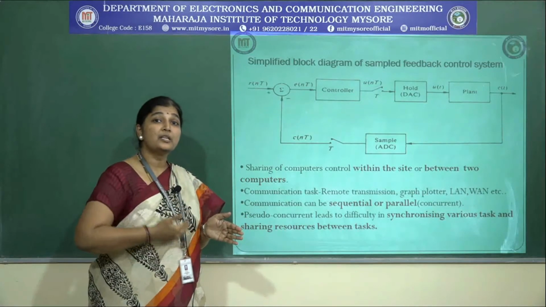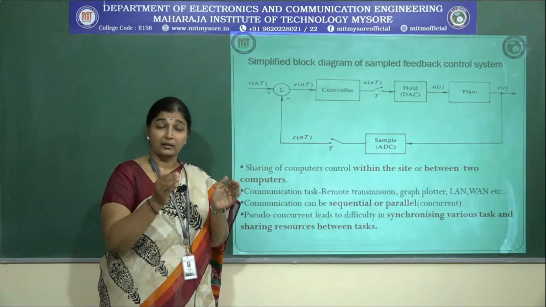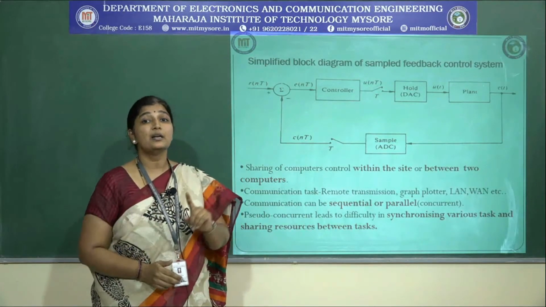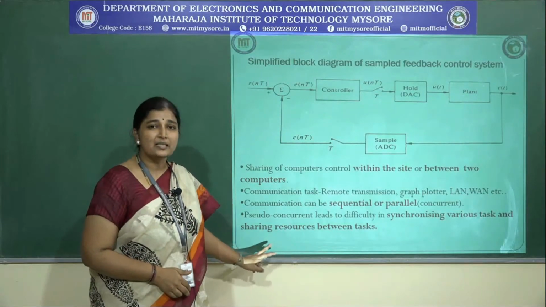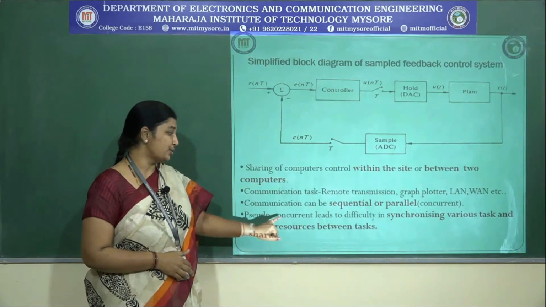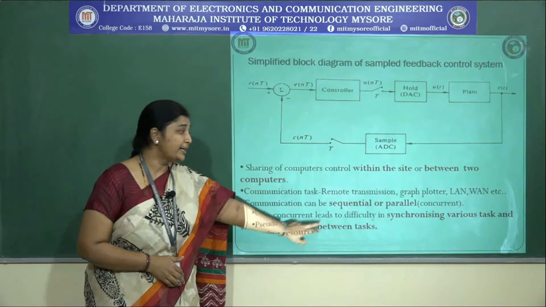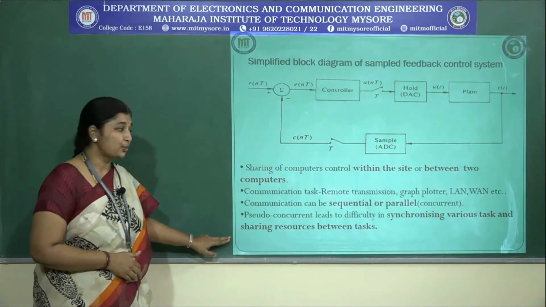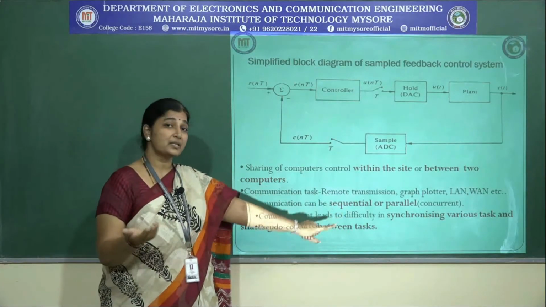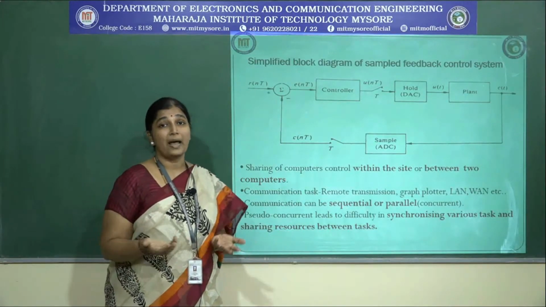So utilizing these resources and time sharing becomes very tedious with a single computer, right? That's the reason we call this kind of system pseudo concurrent controlling system, which leads to all these issues. What are the issues? Synchronization of various tasks is not possible and sharing of resources will not be apt.